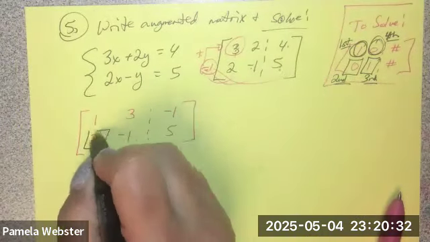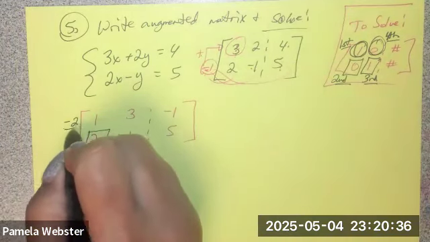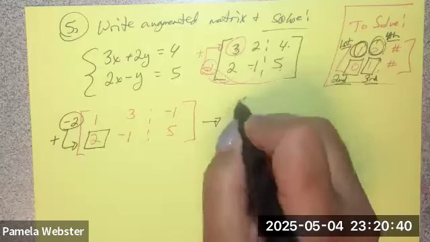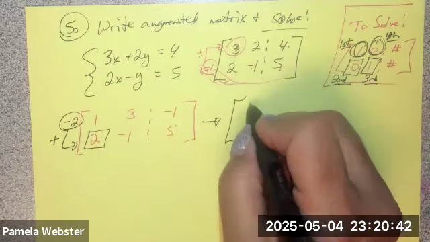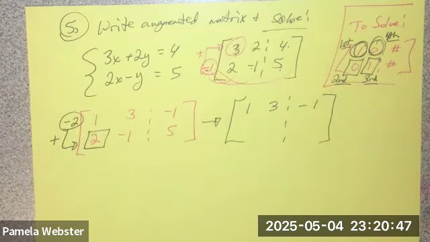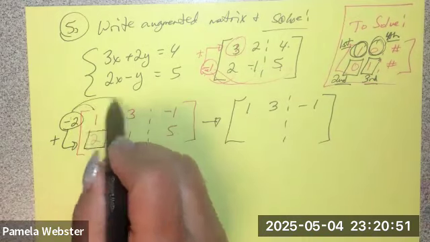Now I want a 0 here. Okay. And I'm going to do a similar thing, but I'm going to multiply the top row by -2 and add it down. But again, I don't want to mess up that top row. I just got that 1 there. I want it to work nicely. So I'm going to rewrite the top row. And then I'm just going to do this math right here.